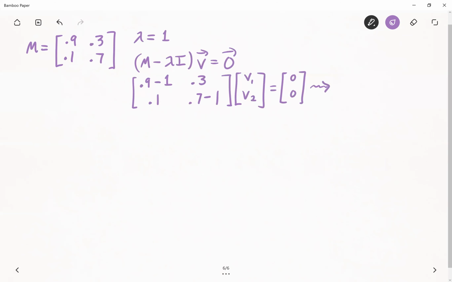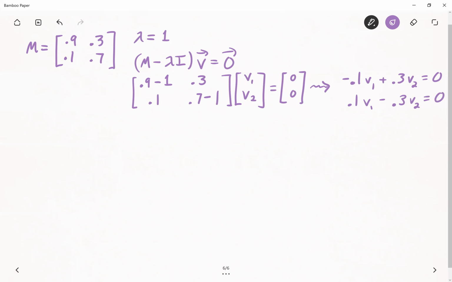I'll turn that into a system of equations, which we'll expect to be redundant. 0.9 minus 1 is negative 0.1 times V1 plus 0.3 times V2 equals 0. And then 0.1 times V1 minus 0.3 times V2 equals 0.